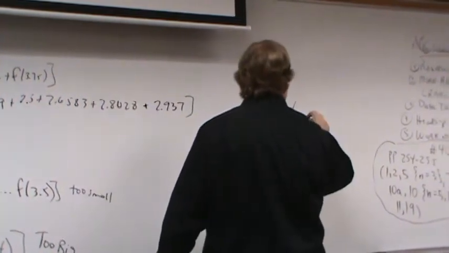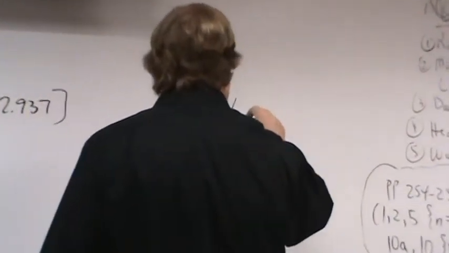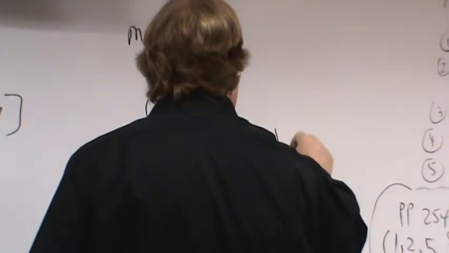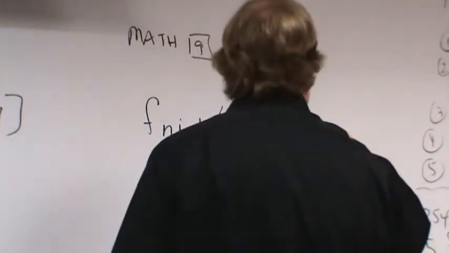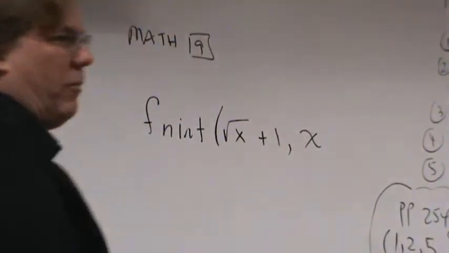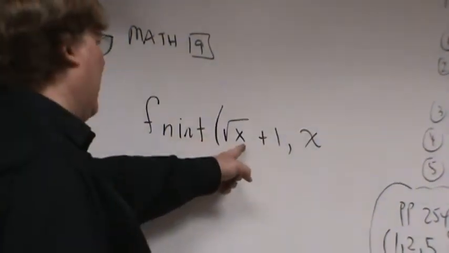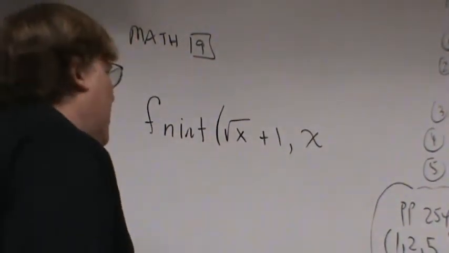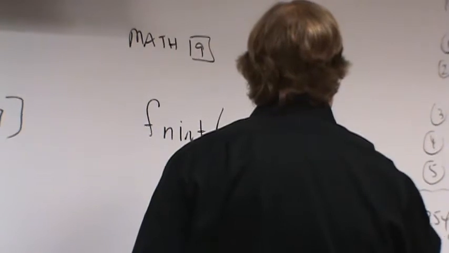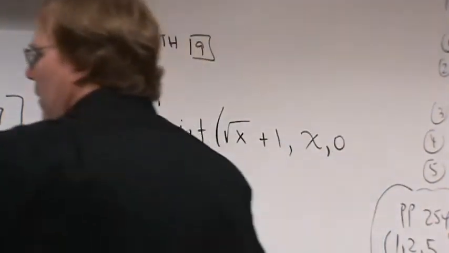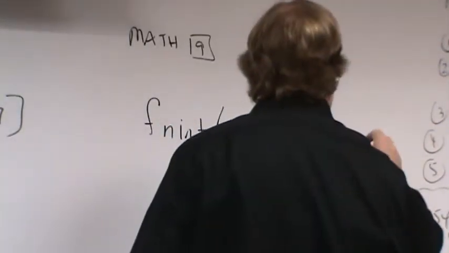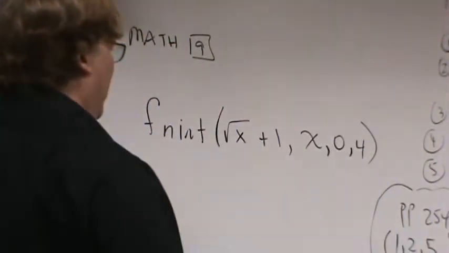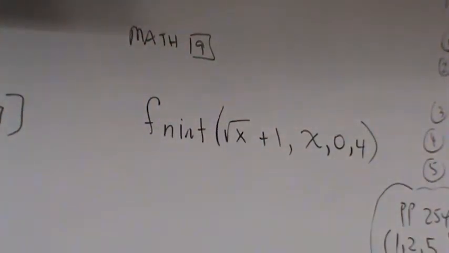And then what you do is you put in the function, which in this case would be radical x plus 1, comma, then you put in what you're integrating with respect to, which is just x. And then you would put in the lower bound, the a, which in this case is 0, and then the b, which in this case is 4. And it'll actually get you the exact area.